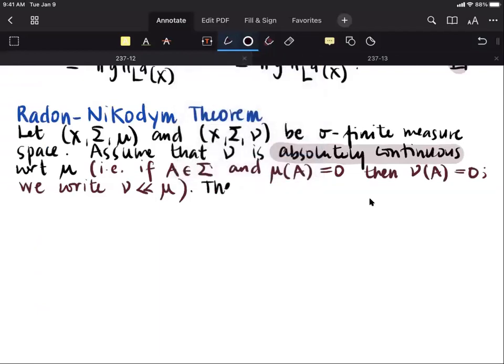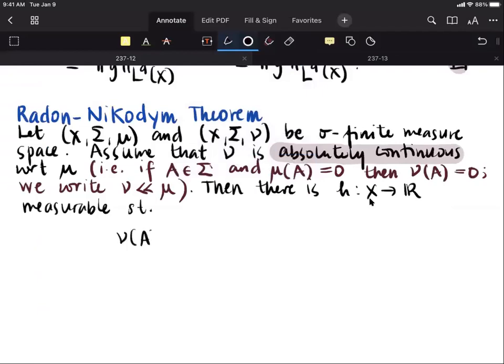And this notation means that nu is absolutely continuous with respect to mu. With this, we can find a measurable function h such that our measure nu is the integral over A of this h with respect to the measure mu.